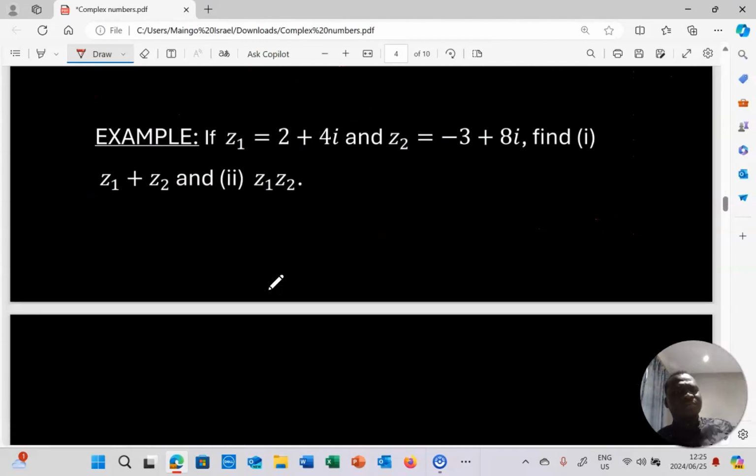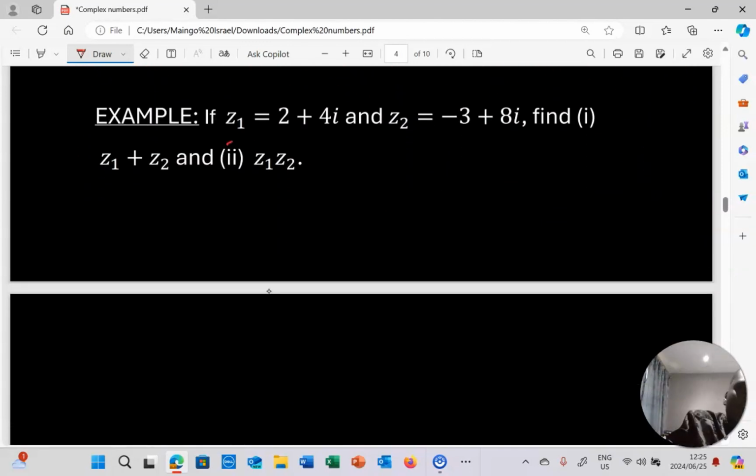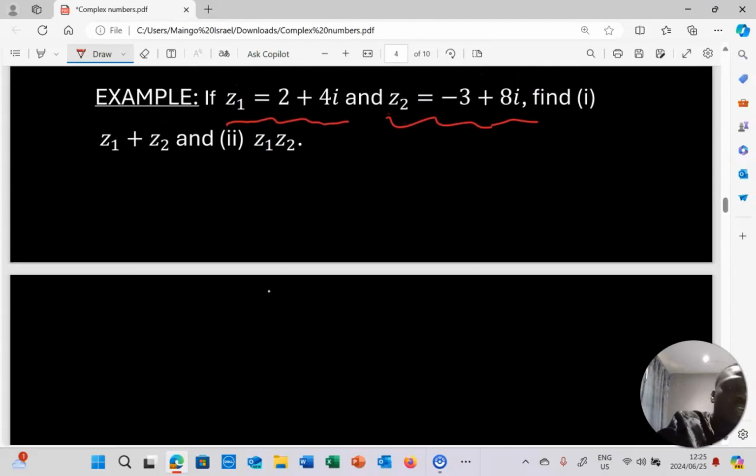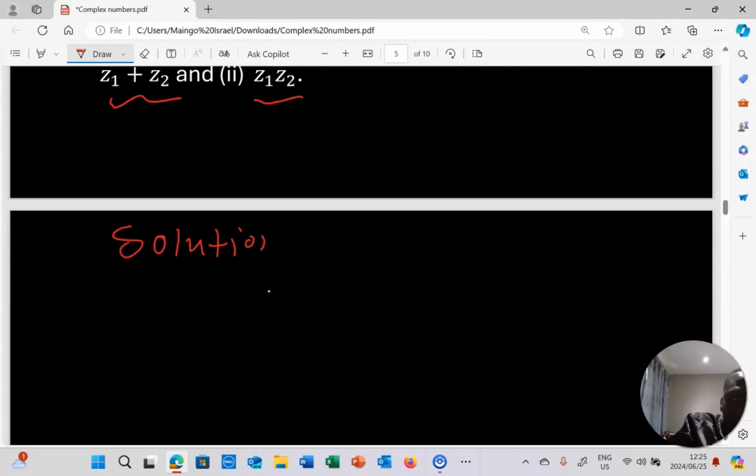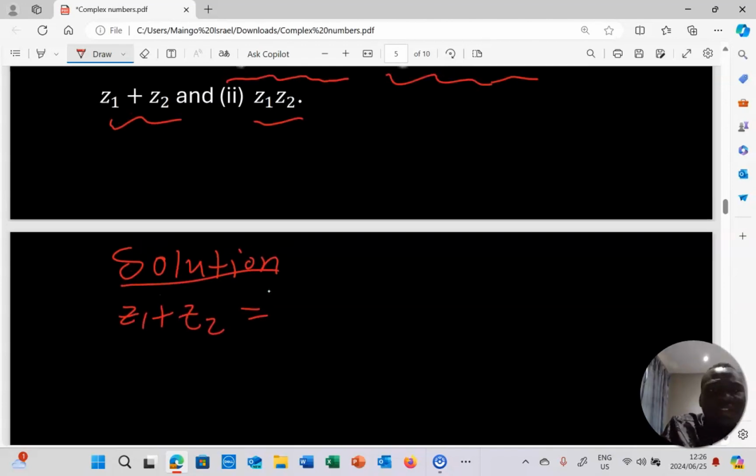So for example, if we are given z1 equals 2 plus 4i and z2 equals minus 3 plus 8i, then let's find z1 plus z2 and also z1 times z2. So for the solution, we need to find z1 plus z2. What is z1?